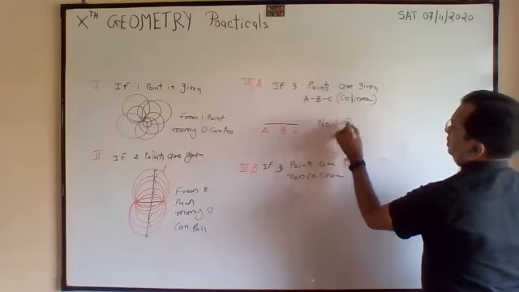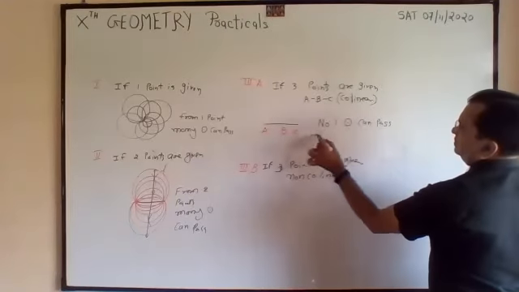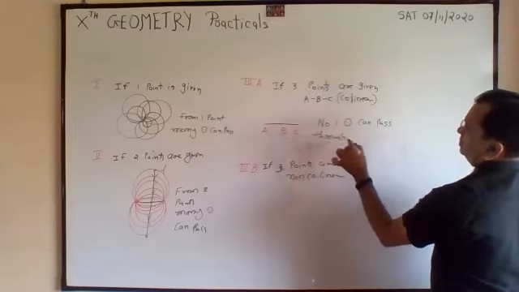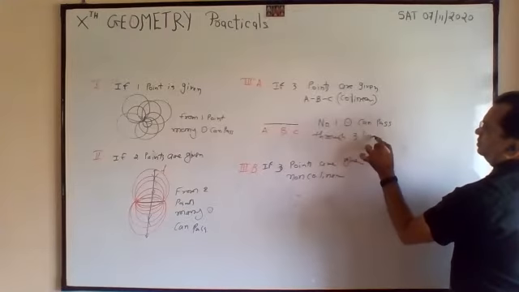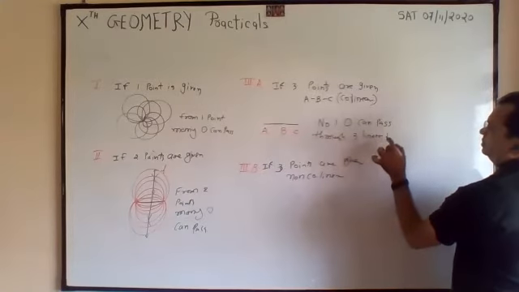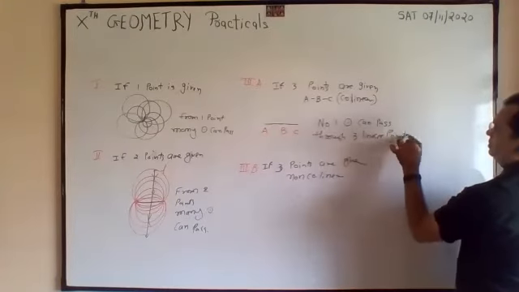No one circle can pass through three linear points.